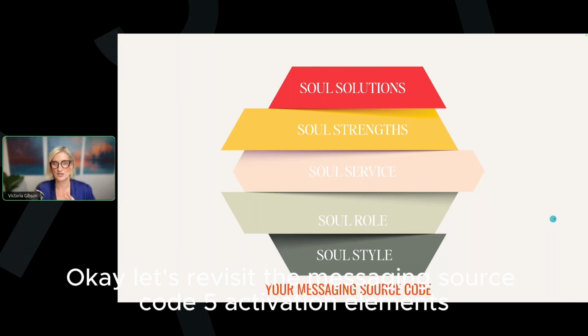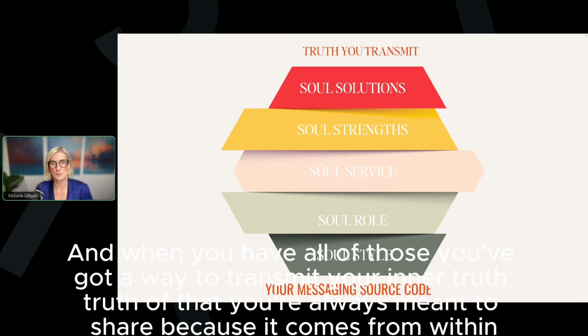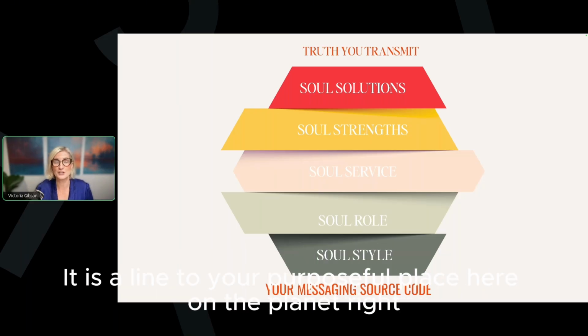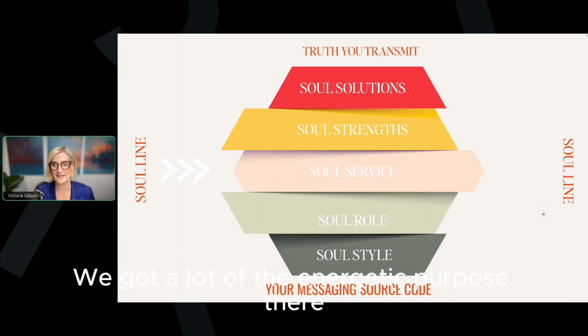Okay. Let's revisit the messaging source code, the 5 activation elements. And we're going to that very foundation with our soul style. And when you have all of those, you've got a way to transmit your inner truth, the truth that you're always meant to share, because it comes from within. It is aligned to your purposeful place here on the planet, right? And the way that you are going to do that is by aligning more with your soul purpose, which is laid out within your human design, and in your soul style, we've got a lot of the energetic purpose there.